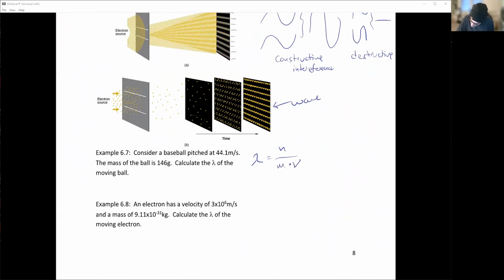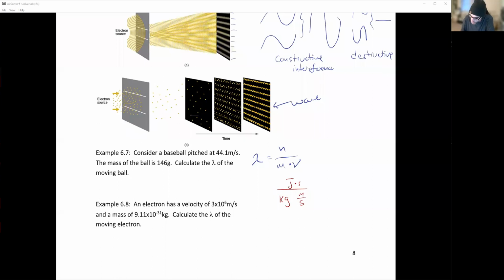Again, we're going to look at units. h is in joule seconds, mass is in grams, and the velocity is in meters per second. Actually, I believe we have to turn that into kilograms. Let me just double check.